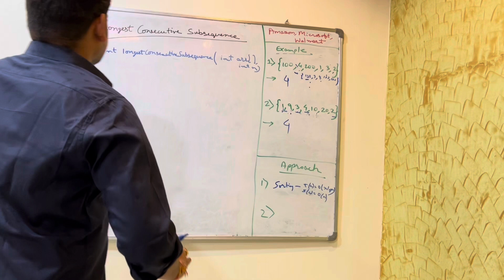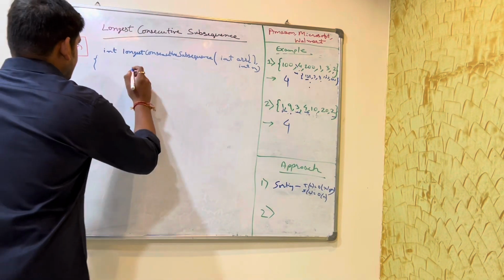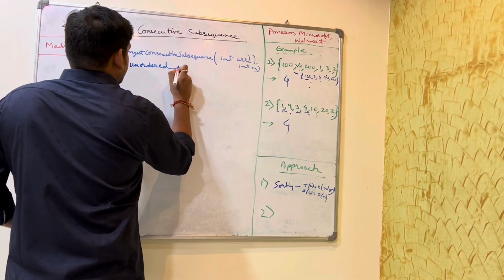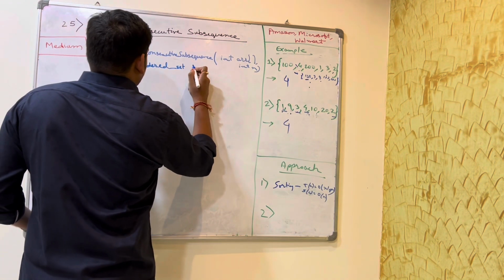So let's code this. What we have decided is that we take an unordered set, which will give us a better time complexity.